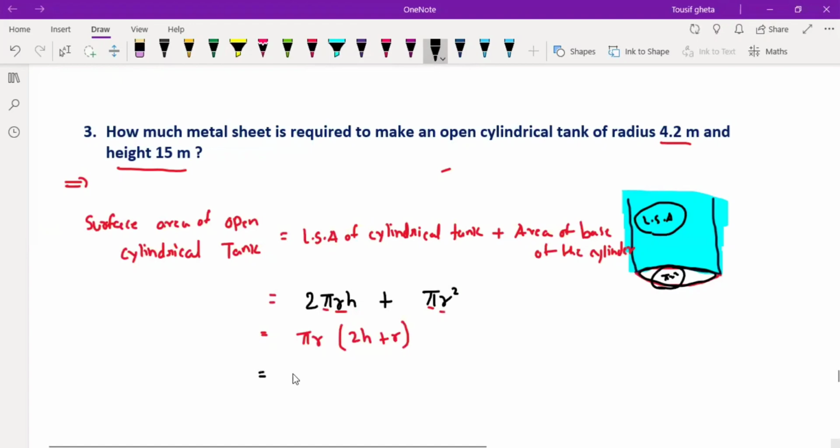Pi value we know is 22 by 7. Radius is given in the question, that is 4.2, and h is also given, that is 15.